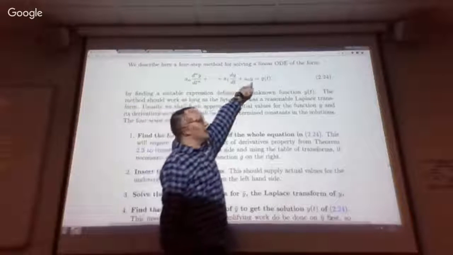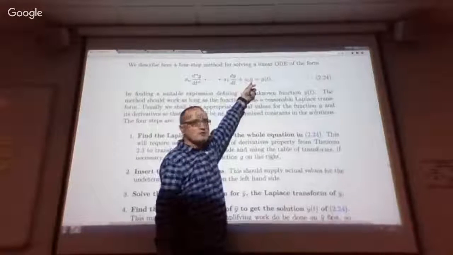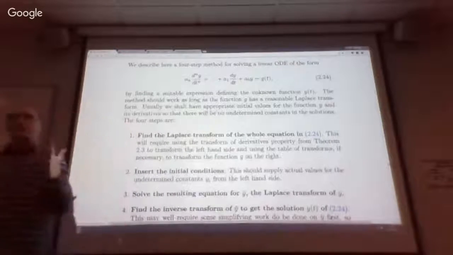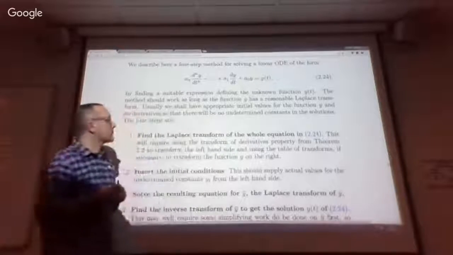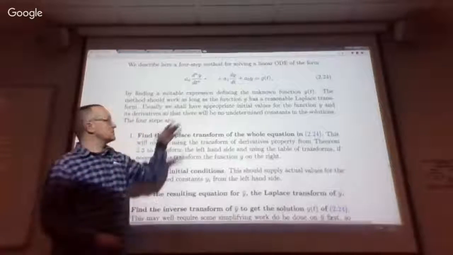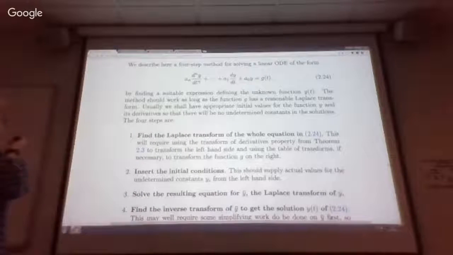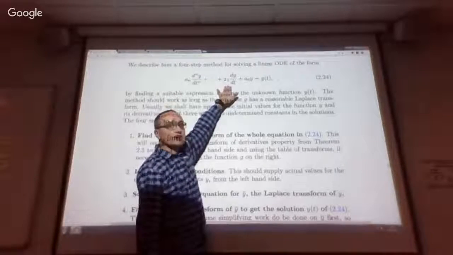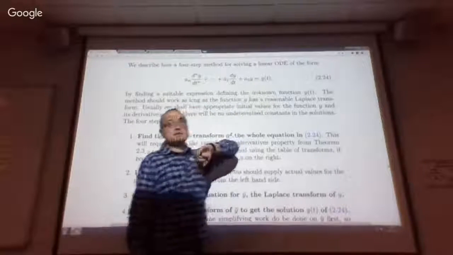The function y is unknown to us at this stage. We're trying to solve for it. So we just use a symbol to represent the Laplace transform of y. Conventionally, we'll use a capital Y to represent the transform of the function y. We don't need new symbols to represent the transforms of the other derivatives, because the property of the Laplace transform of derivatives we just looked at relates the Laplace transform of each of these terms to the Laplace transform of y.